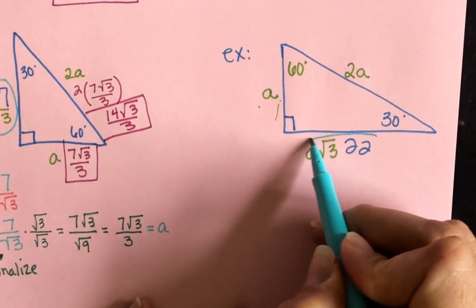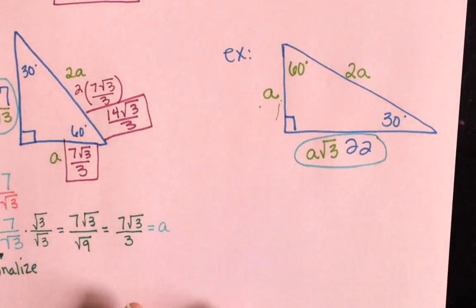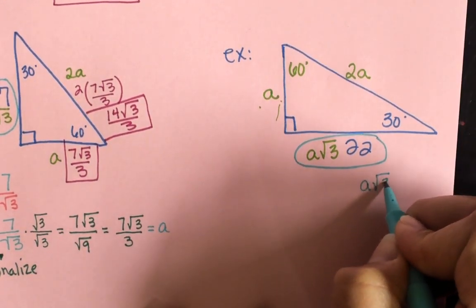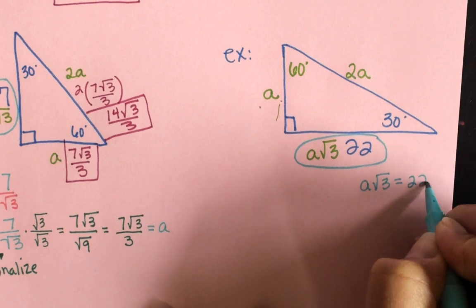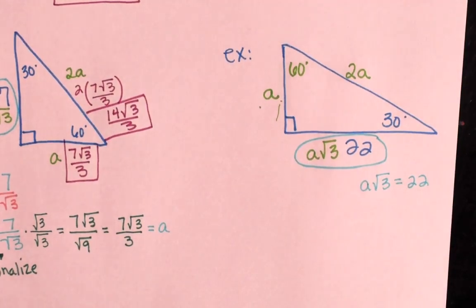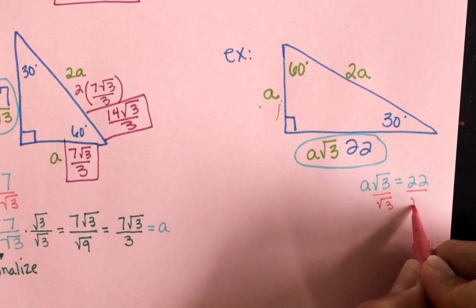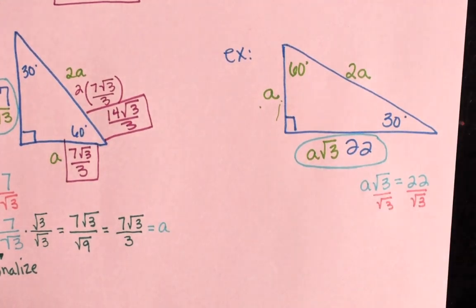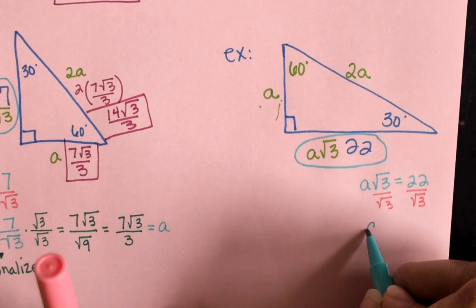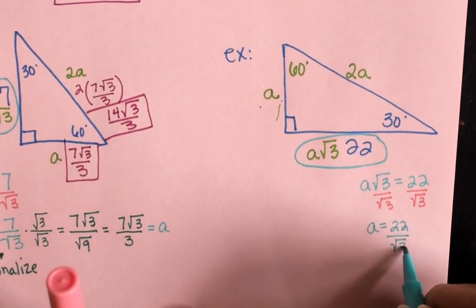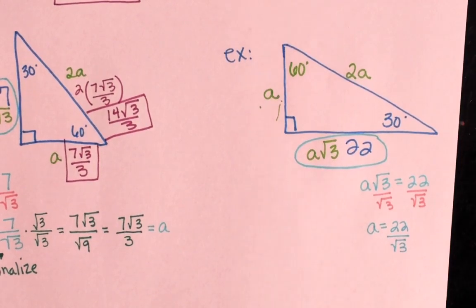We're going to circle the side that has the formula and the value, and we set them equal to each other. And just like before, we are going to divide away the radical 3. So we are left with a equals 22 over radical 3, and we have to rationalize again.